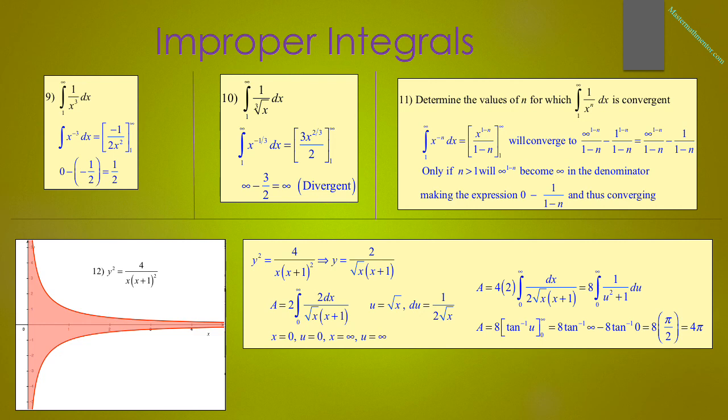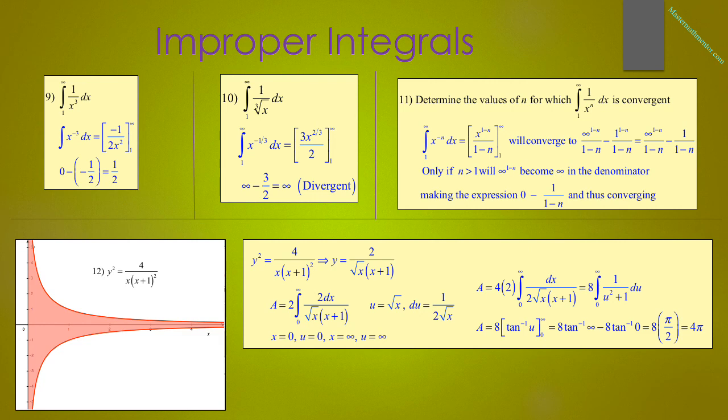And we have the du, dx over 2 square root of x is du. So this complicated looking integral simply becomes 8, the integral from 0 to infinity of 1 over u squared plus 1 du. And you should recognize that integral as the inverse tangent of u.